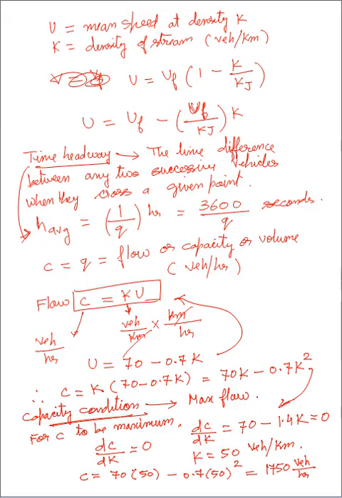Next page. Average time headway, that is H average, is equal to, we know the formula, 3600 divided by Q or C, both are the same.